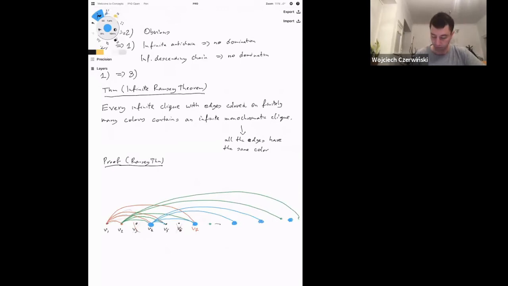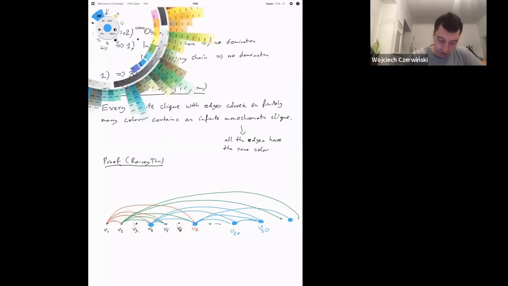Let's say blue. Then every blue vertex is connected with every other blue vertex by a blue edge, because for every edge, say between V20 and V30, for V20 this edge goes to the right, so it is blue. So here we have an infinite sequence of vertices which is a blue clique, a monochromatic clique, because all the edges are blue. This finishes the proof of the infinite Ramsey theorem.